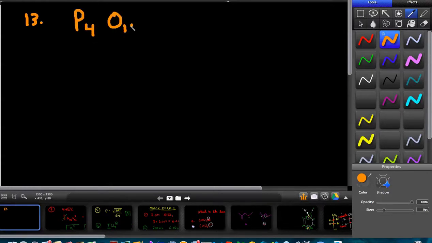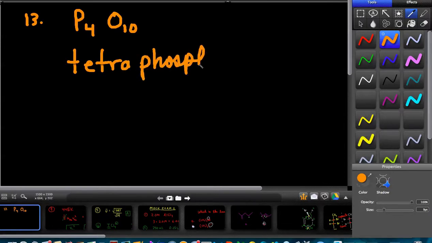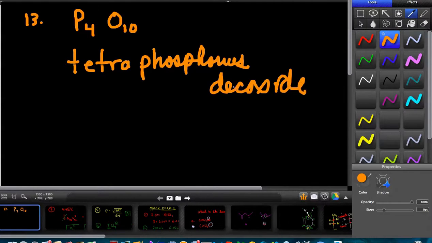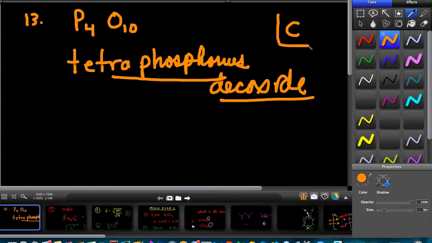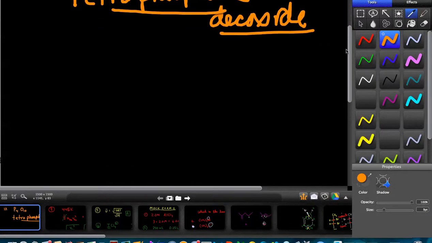We're going to use the binary naming system, which is going to be tetraphosphorus decoxide. This is the white portion on a match that you use to strike the match, and that is going to be answer choice C. 13, the credited response is C.